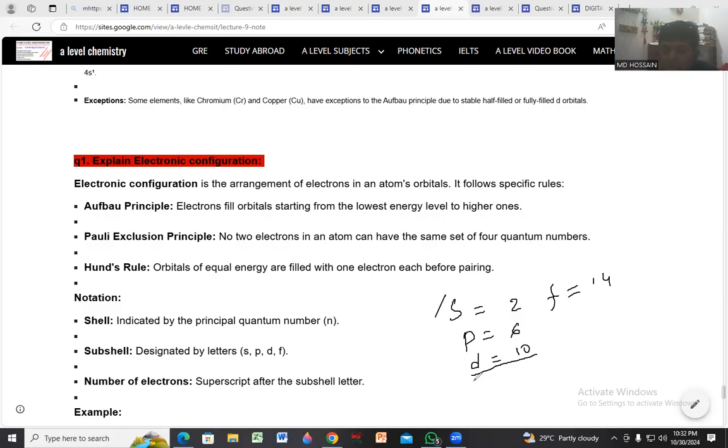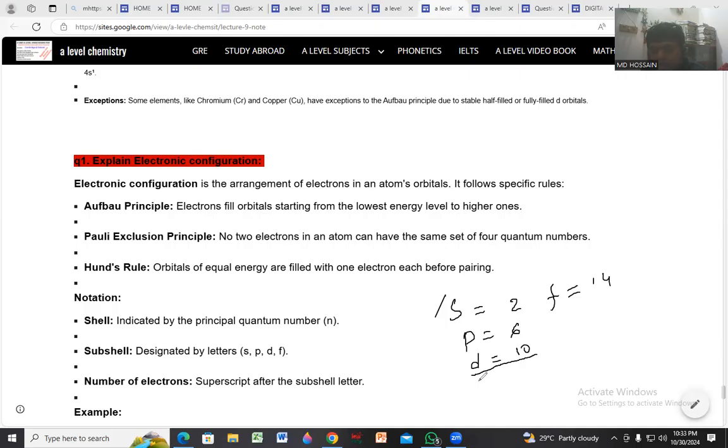These are the basic rules applicable for considering the electronic configuration. A question may be asked to you to write down the electronic configuration, or find the right electronic configuration.